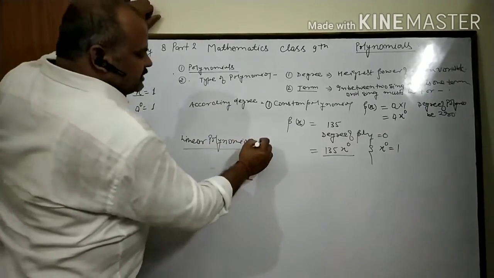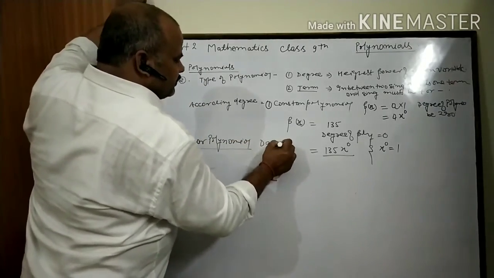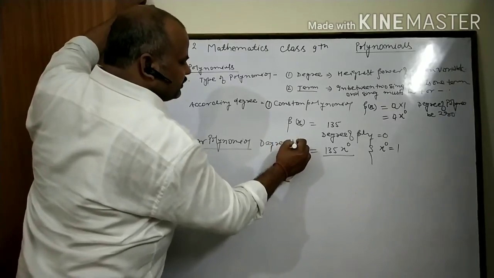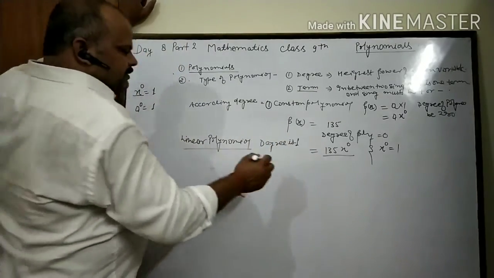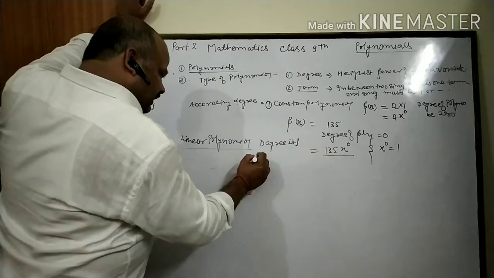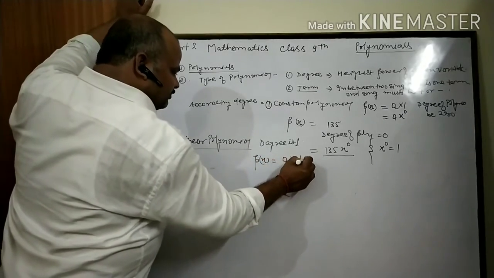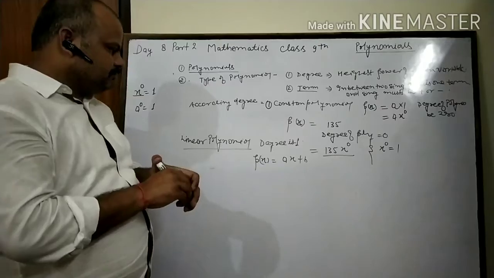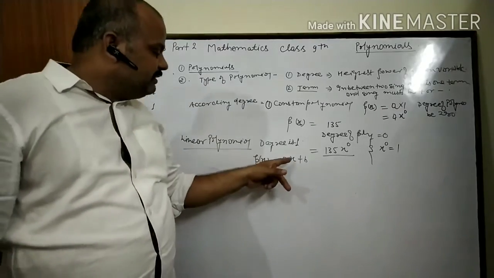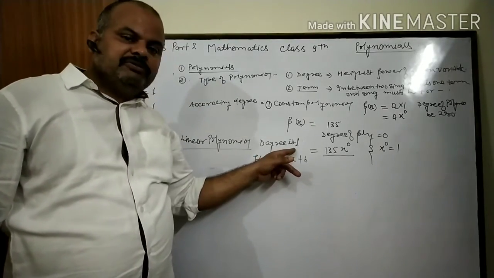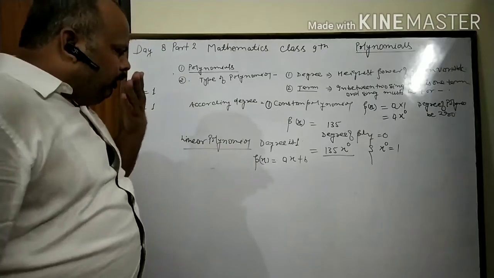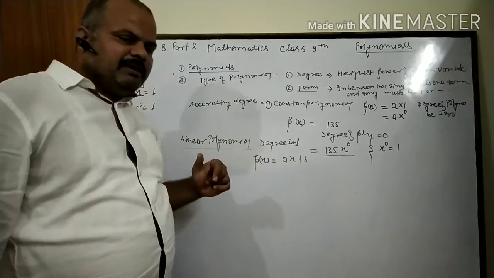If degree is 1, that is linear polynomial, like p(x) is equal to ax plus b. Here in this polynomial you see the variable is x and its power is 1. Clear? Then it is linear polynomial.